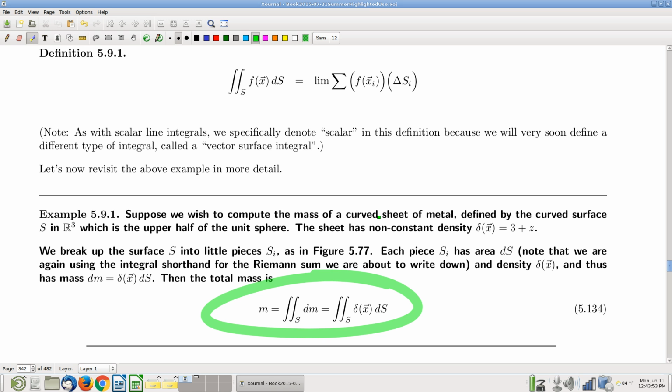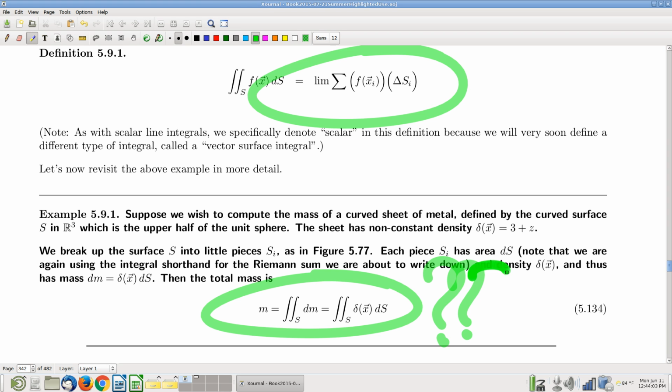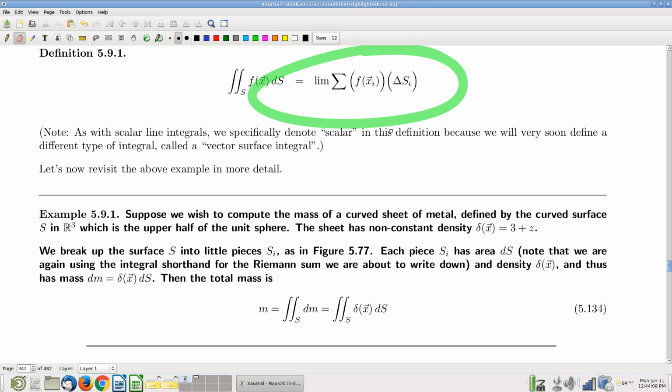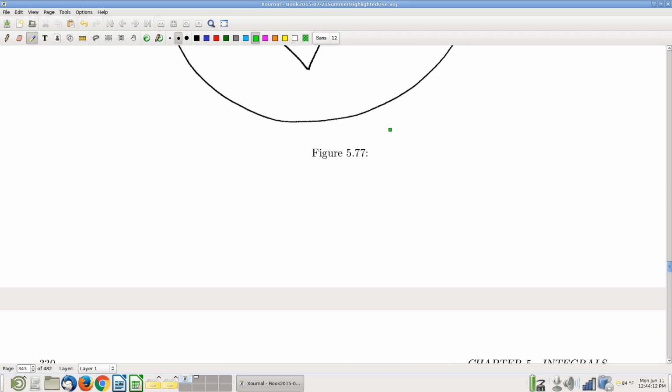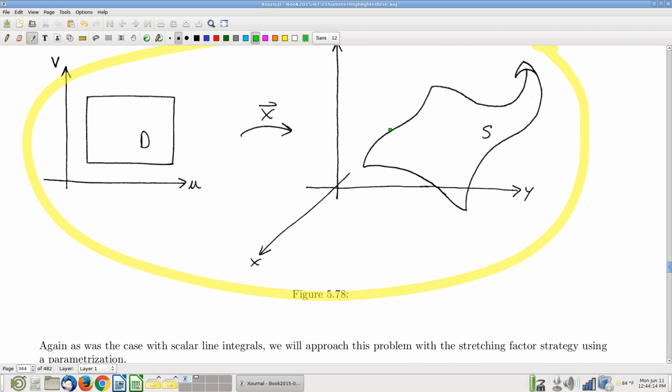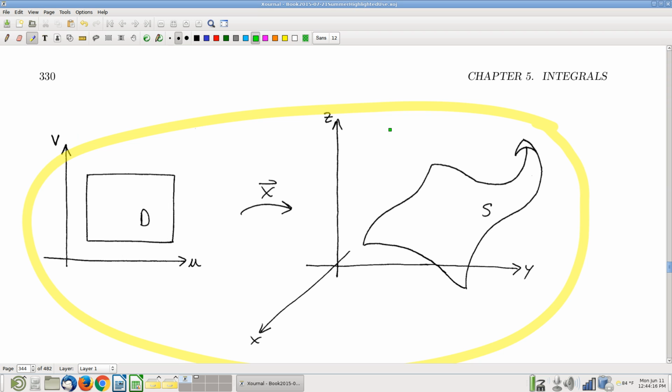The looming question, of course, is, yeah, this is nice notation and all, and good for you for having a strategy, but how in the world are we going to actually compute these things? Okay, so the way we compute these things is by way of a strategy pretty similar to line integrals, right? What was our broad brushstroke strategy for computing line integrals?